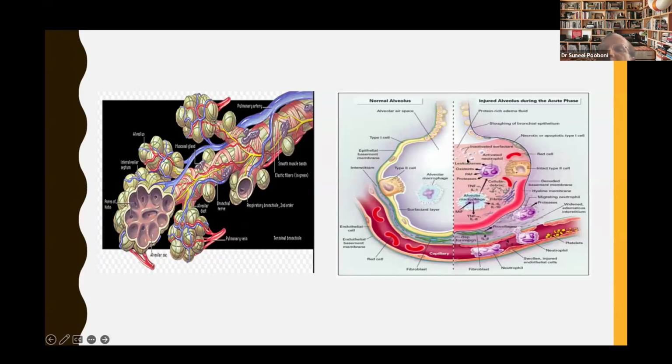Then slightly looking at the right side, how the diseased alveolus looks like, it has so much fluid inside in the alveolar cavity and the exudate going over there with leukotrienes, oxidants, proteases, tumor necrosis factor, and all these neutrophils and macrophages, they tend to get into the alveolar lumen, into the interior of the alveolar space.